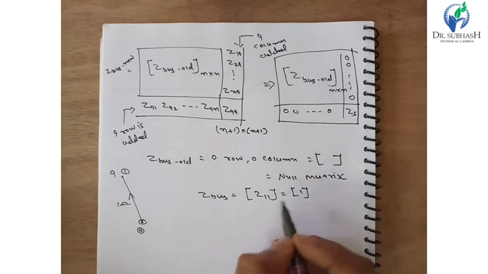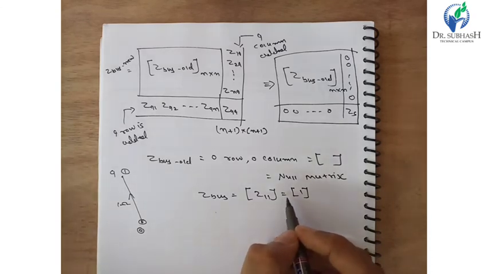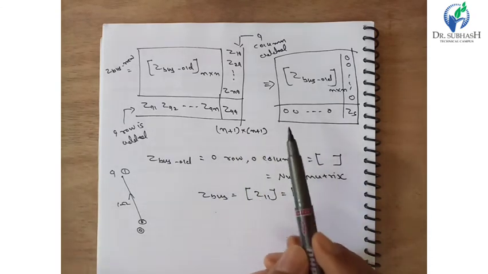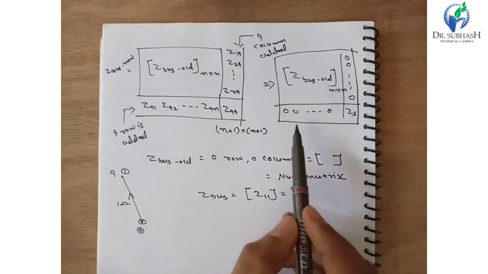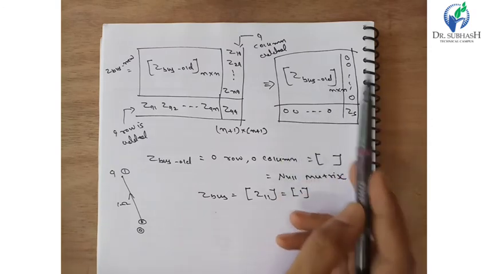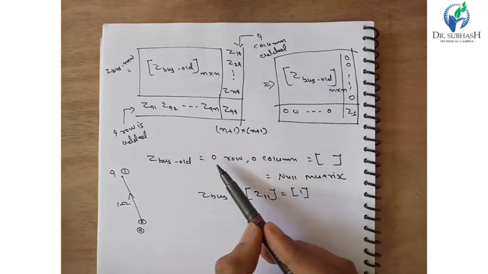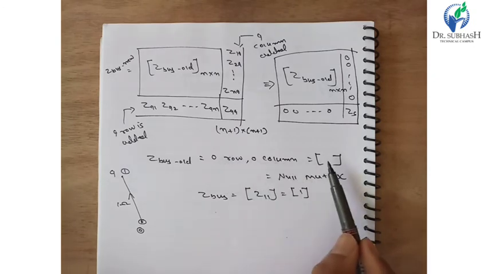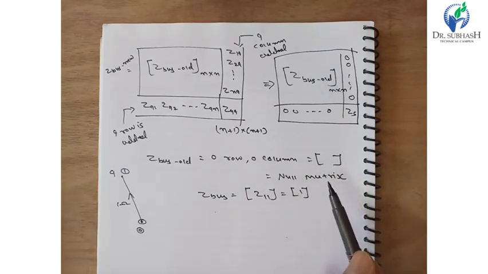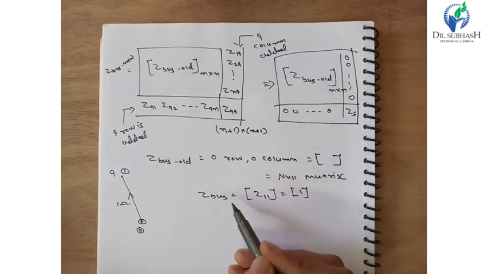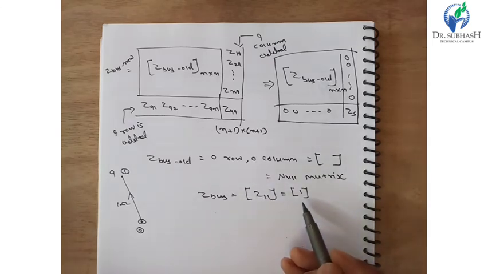There is a 1 ohm, so we put that value in the Z bus. For the other parameters, for example purposes, we take 0 0 0 0 0 0 0, so the row is 0 and the column is 0. This is known as a null matrix. So the output of the Z bus is equal to 1 ohm.